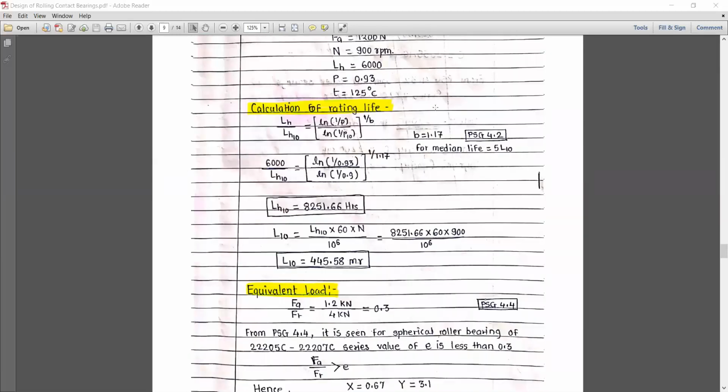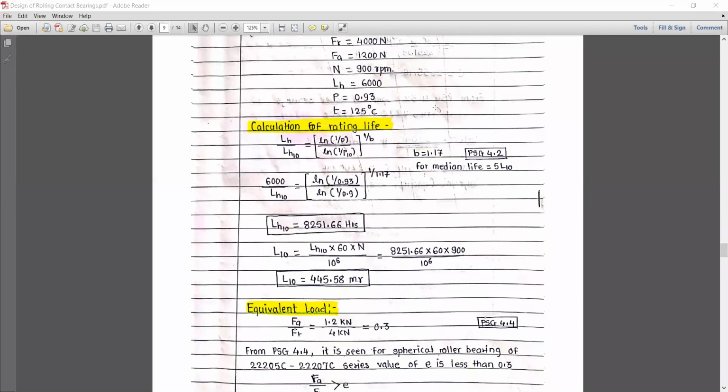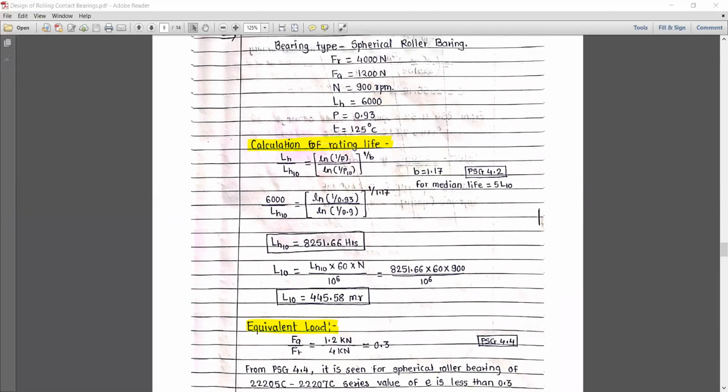Now, first step, we need to calculate a rating life for 90% probability of survival, because for calculation purposes we use this life for calculating the value of C. So first of all, we convert the given life into the life of 90% probability of survival by using the equation LH divided by LH10 is equal to natural log of 1 by P divided by natural log of 1 by P10, raised to 1 by b.